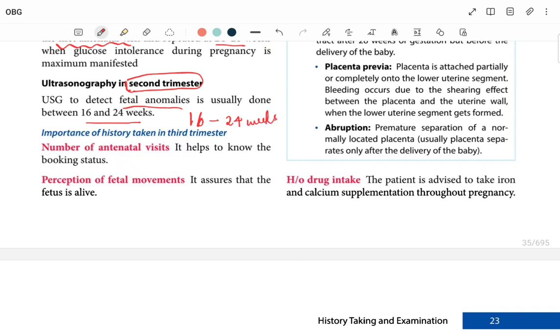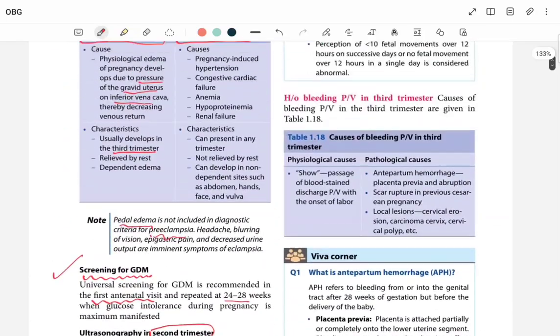So this is all about the importance of history taken during the second trimester.